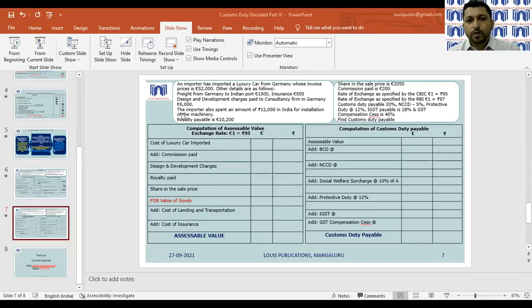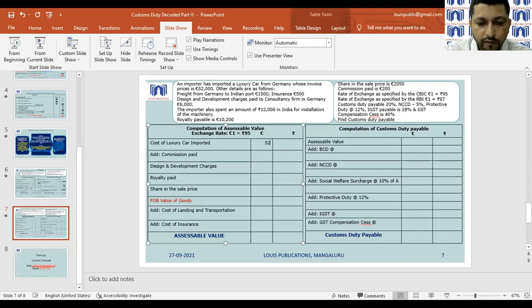Okay. So we'll take the cost of the luxury car. As mentioned right here, cost of the luxury car in euros is 52,000. We have the exchange rate of CBIC, 1 euro equal to rupees 95.